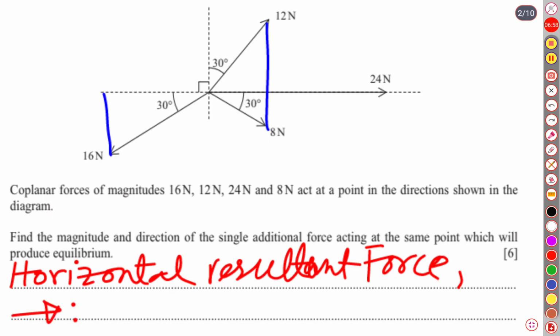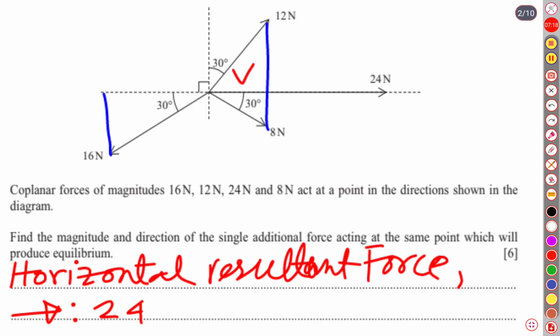Let's see what is the driving force horizontally. First of all, there is 24 Newton. So 24 Newton. Then we will find the negative forces. And not only 24 Newton, then the first, this triangle.